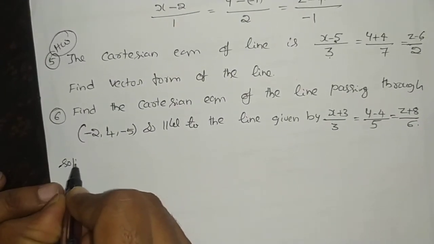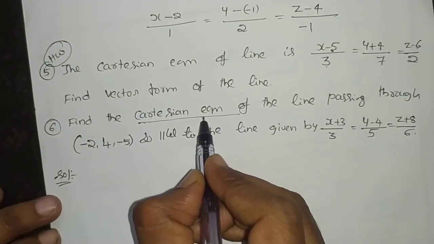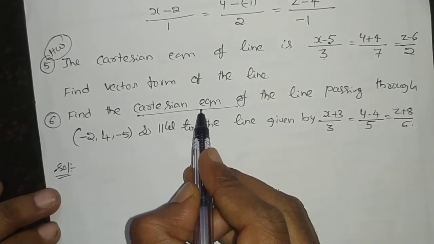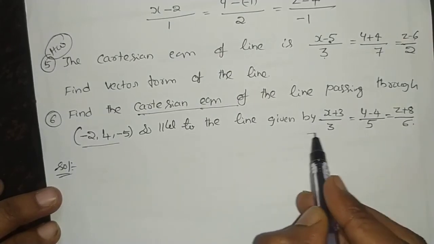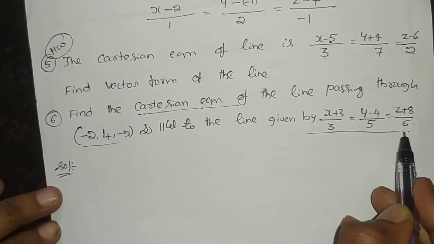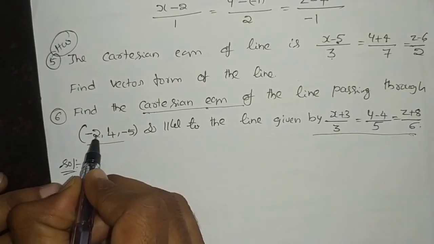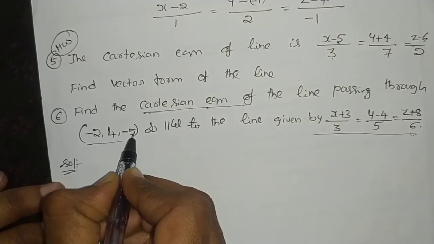Solution. Here we have to find the Cartesian equation. The point it passes through is given and the line it is parallel to is given. Here x1 is minus 2, y1 is plus 4, z1 is minus 5.